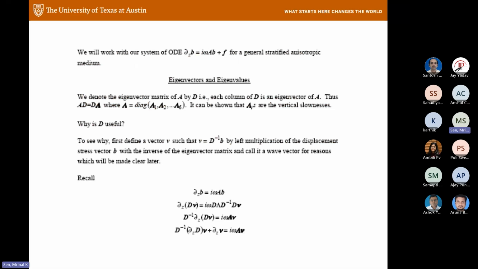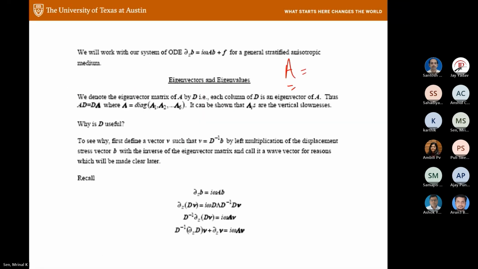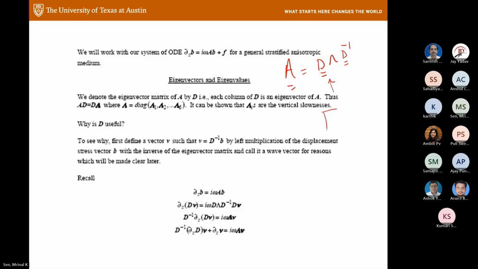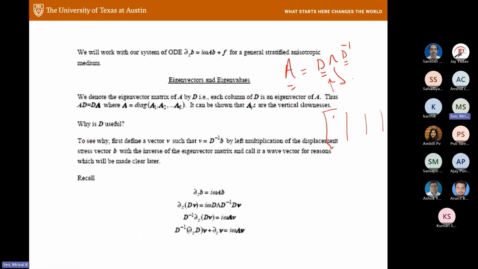So if you have a matrix A, you can write this as D times lambda times D inverse. And each column of D is an eigenvector, and lambda is a diagonal matrix.